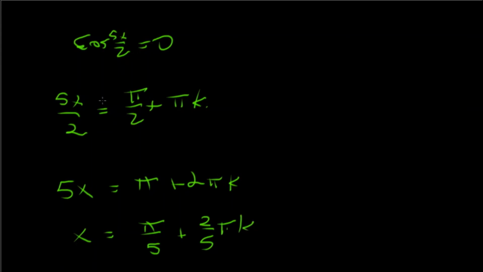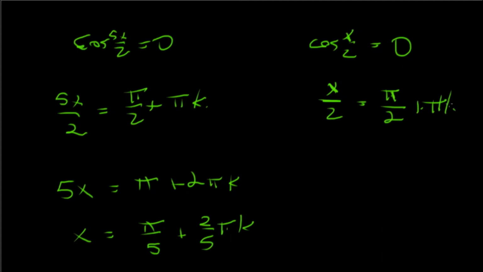Cool, that's one of our solutions. And then over here, when is cosine x over 2 equal to 0? x over 2 needs to be pi over 2 plus pi k. And multiply by 2 everywhere, and we get pi plus 2 pi k. And there are our solutions to this equation.